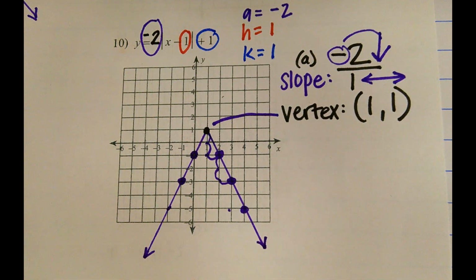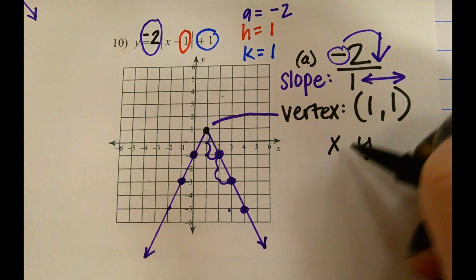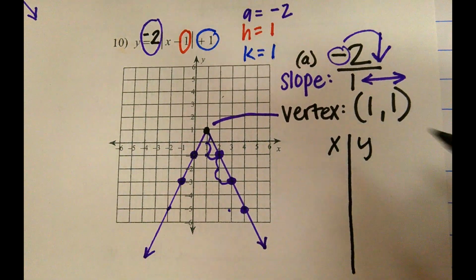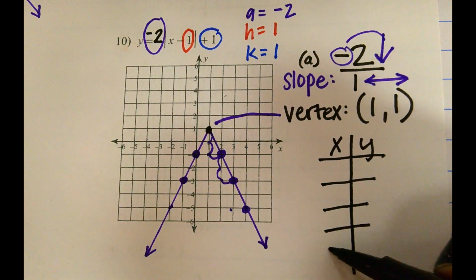Now I'm actually thinking I might be able to fit the XY chart on this one. I gave myself enough room this time. This time I'll write it on here. 1, 2, 3, 4, 5.